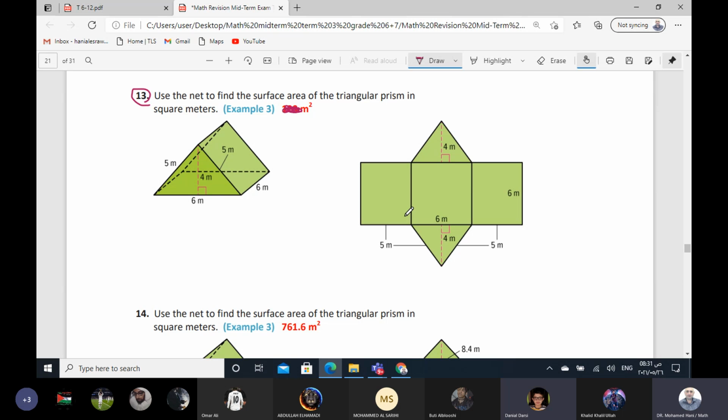Yes, area equals 120 meters square. Thank you, Daniel. Great work.